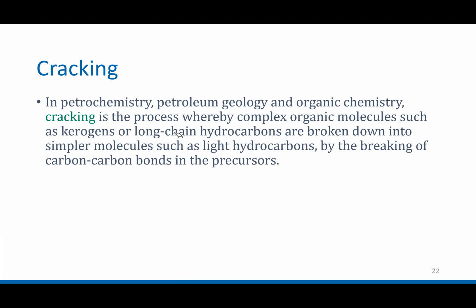So in petrochemistry, cracking is the process where a large complex organic molecule, and really all you need to think about is long chain hydrocarbons, are broken into simpler molecules like lighter, smaller chain hydrocarbons.